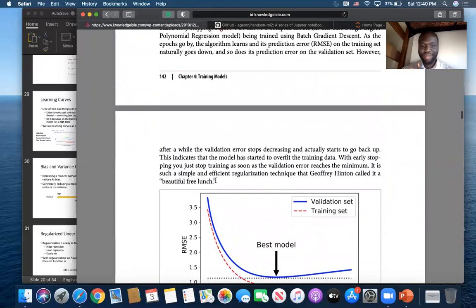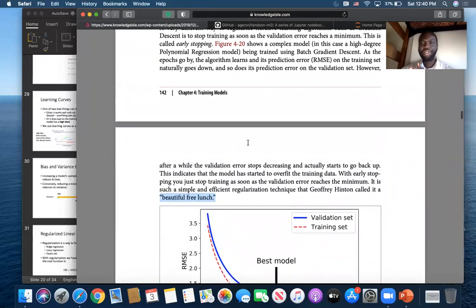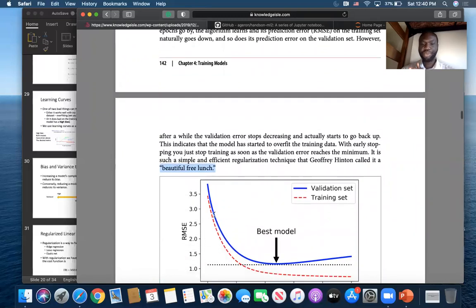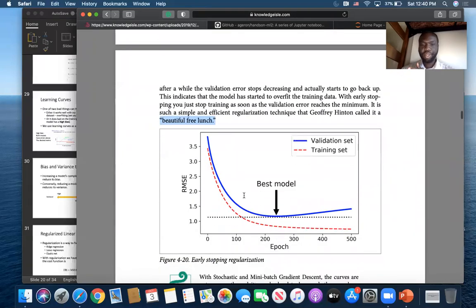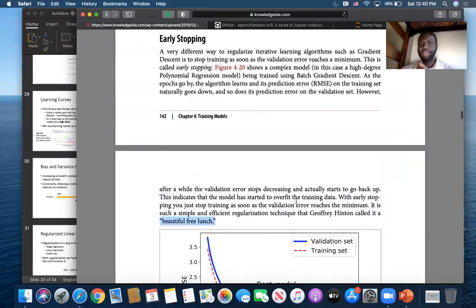And I think this somewhat summarizes it. Sort of like a beautiful free lunch. Rather than keep training after you get to this point, I think the dotted line is the desired error. So once we get close enough to that desired error, just stop. And typically, this is what you get. Does that make sense?